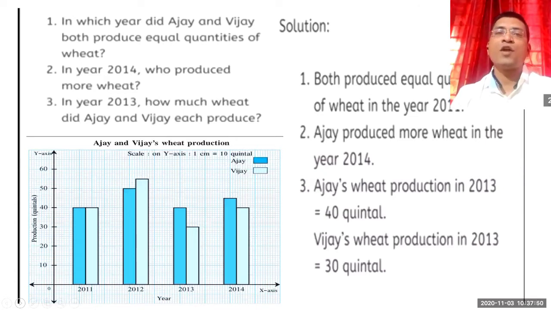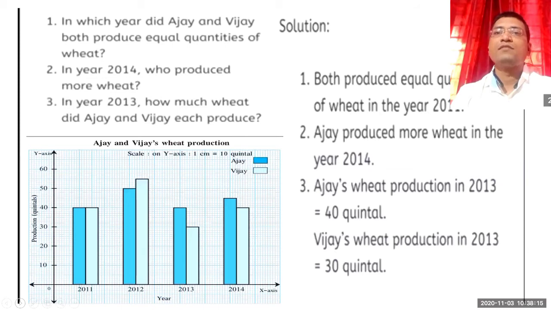There are questions given on this joint bar graph. There are 3 questions given. Look at the first question on the left side. In which year did Ajay and Vijay both produce equal quantities of wheat? Anybody can answer? We already read.